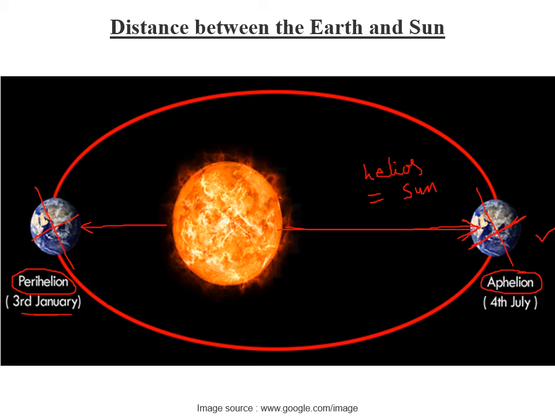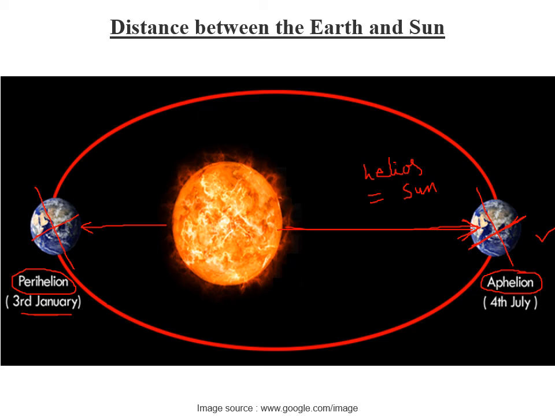So that is why in aphelion condition, the southern hemisphere of Earth becomes far away and receives a very low amount of energy. So winter is more strong here.